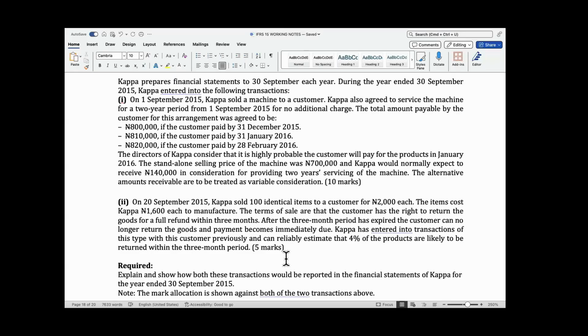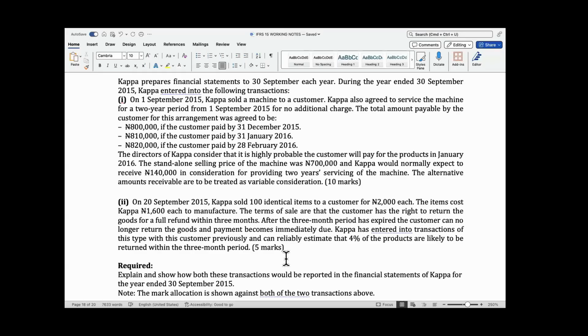The total amount payable by the customer for this arrangement was agreed to be 800,000 naira if the customer paid by 31st December 2015, 810,000 naira if the customer paid by 31st January 2016, 820,000 naira if the customer paid by 28th February 2016. The directors of Kappa consider that it is highly probable the customer will pay for the products in January 2016.